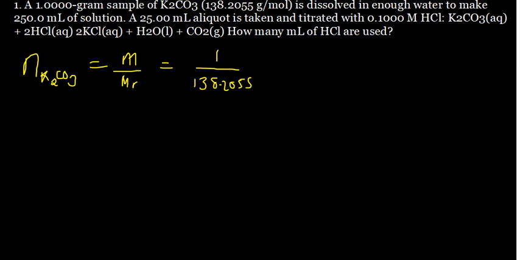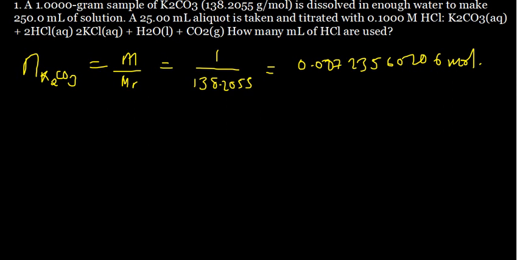If you have a calculator, you can punch that. So 1 divided by 138.2055 is going to give us about 0.00723560 moles. You need to make sure that you use a lot of significant figures.